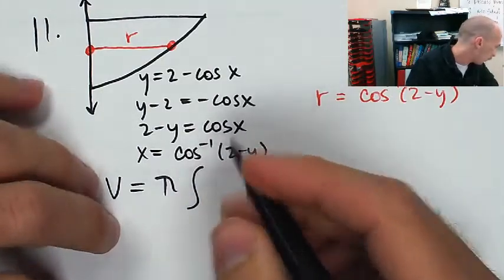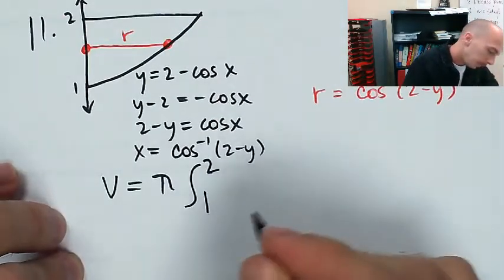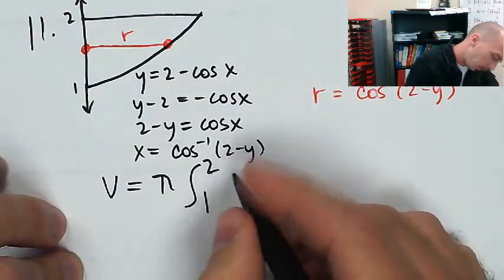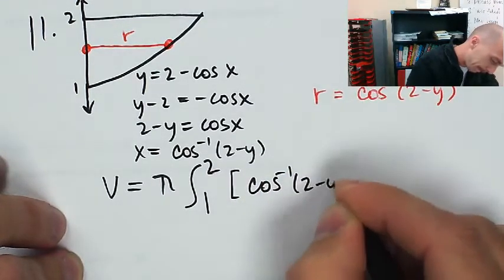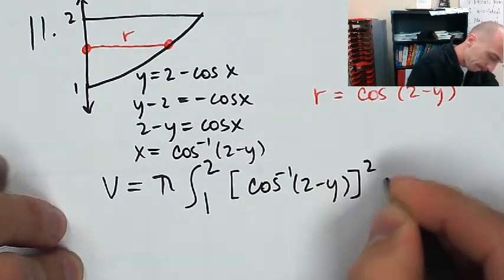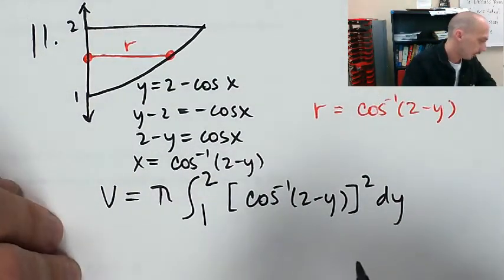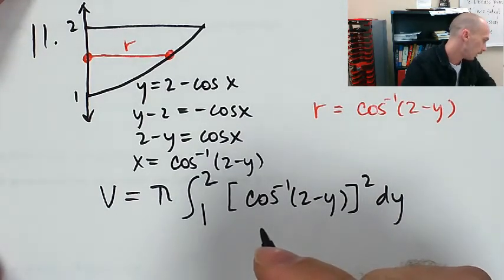So y runs from 1 to 2 here, and I've got pi r squared dy. And that's good.